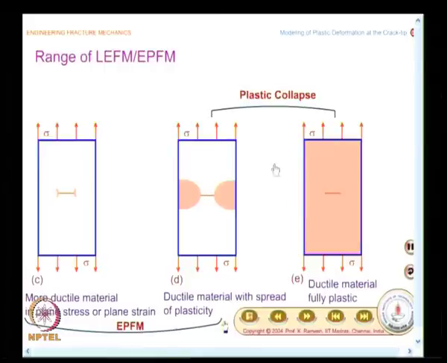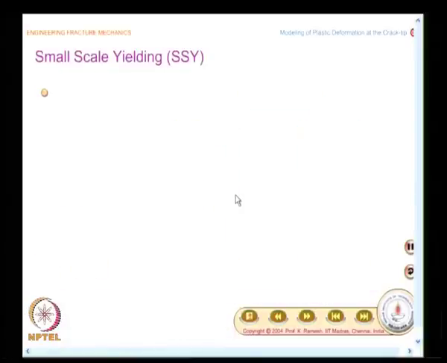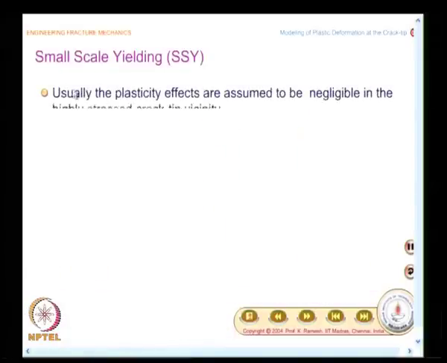This we have already seen, this is just reviewed for the sake of in which domain we are going to live. We are not even going to look at such large plastic zone, we are going to look at very small plastic zone, and that is why we have characterized this as small scale yielding. So, whatever the discussion that we do, it is applicable only when this aspect is satisfied.